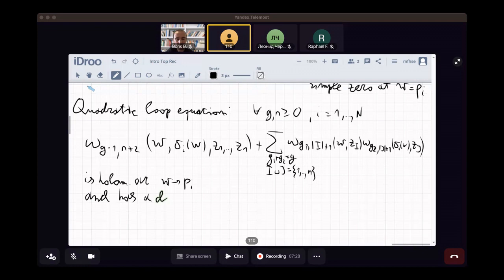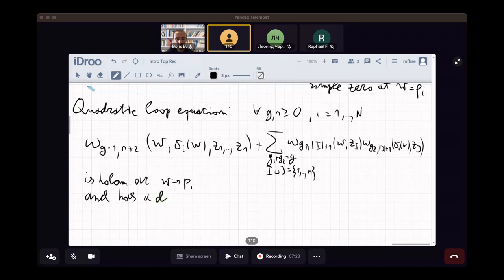In the linear loop equation, this expression should have at least a simple zero, and in the quadratic loop equation it should be holomorphic and must have at least a double zero. So this is the equation: the requirement that this expression is holomorphic and has at least a double zero.